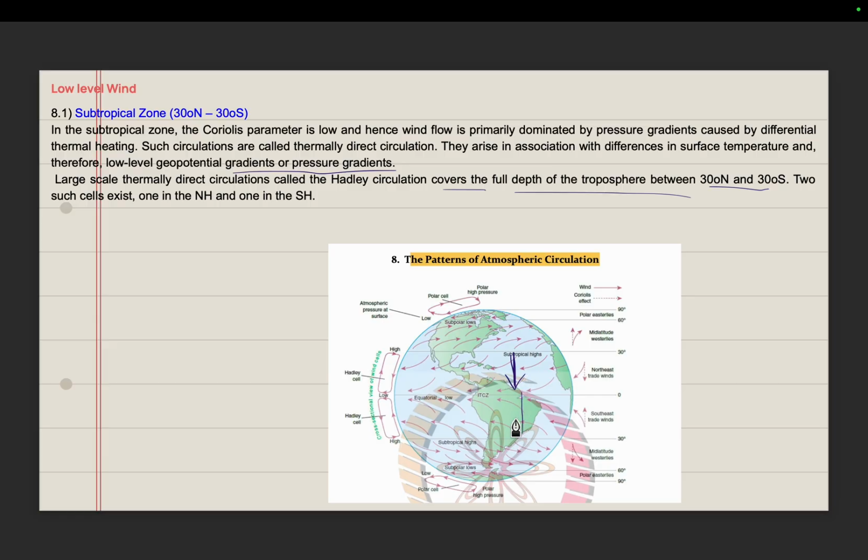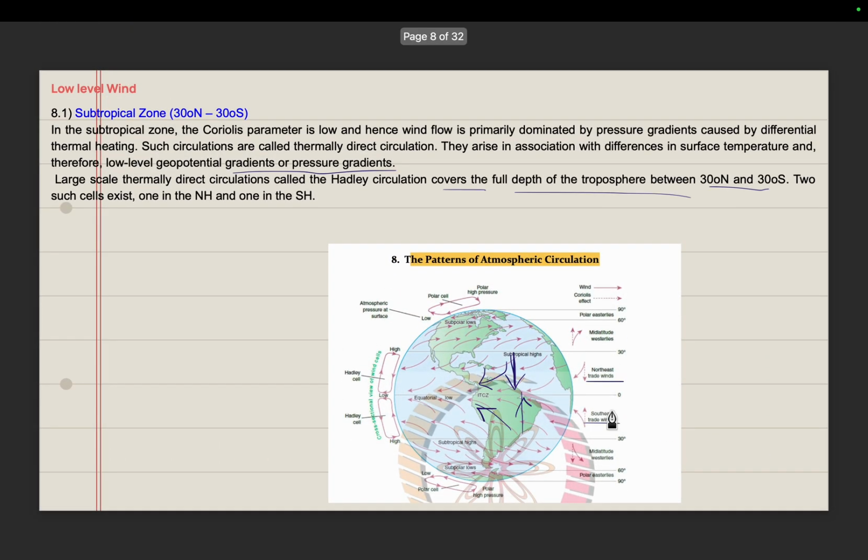But this wind will bend towards the right of its motion, and this one will bend towards the left. So the low level pattern of the Hadley cell contributes to the subtropical low level winds. These winds have two names: the northeasterly trade wind and the southeasterly trade wind.